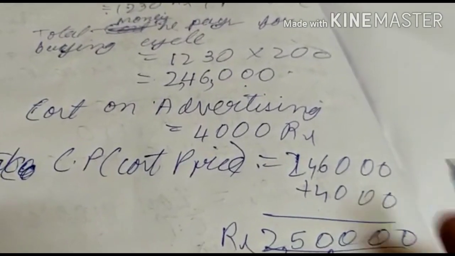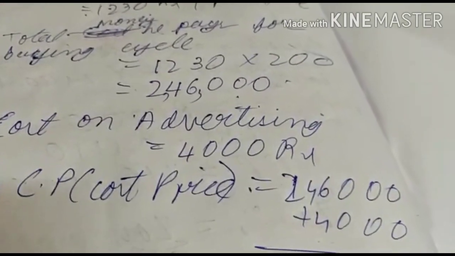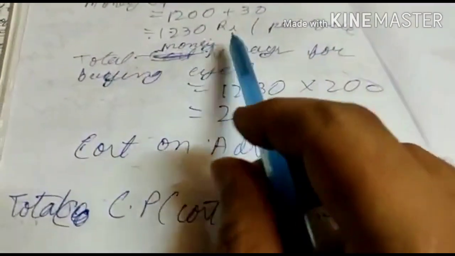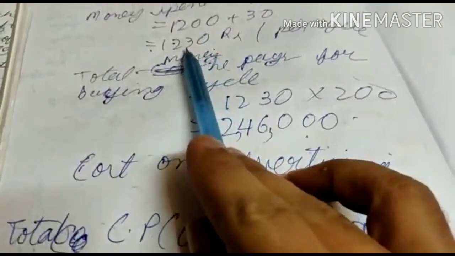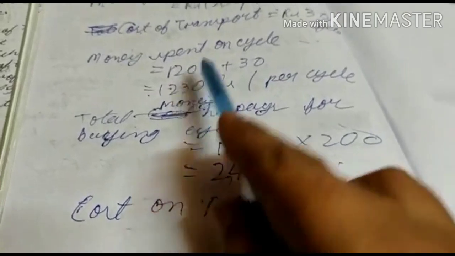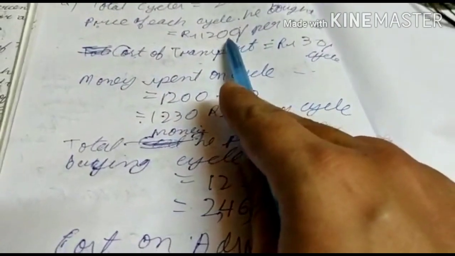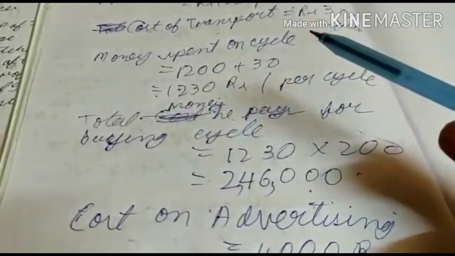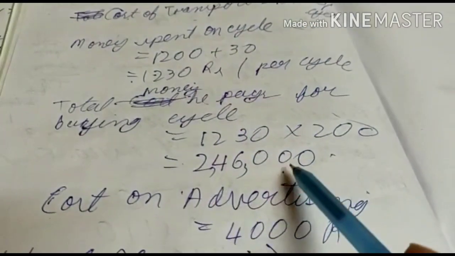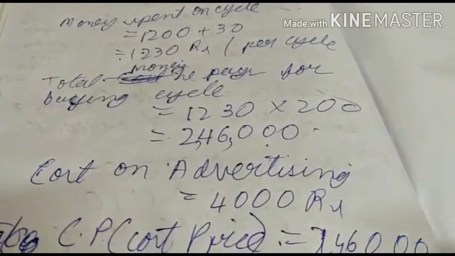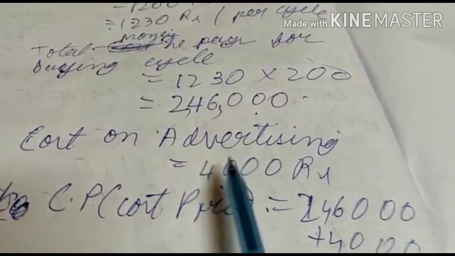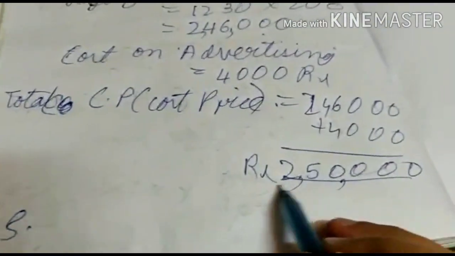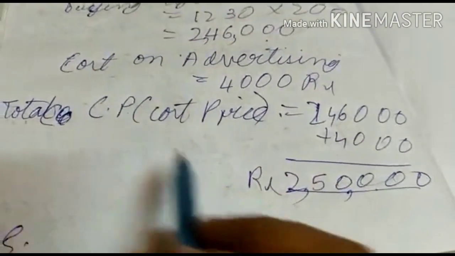And now what he will get is only the SP, the return. He pays 2,46,000 for just buying the cycles and 4,000 for advertising. So total he pays is 2,50,000, that is its CP.